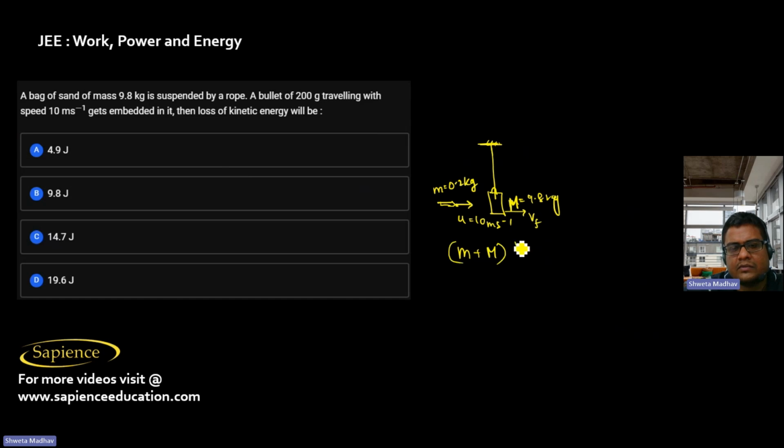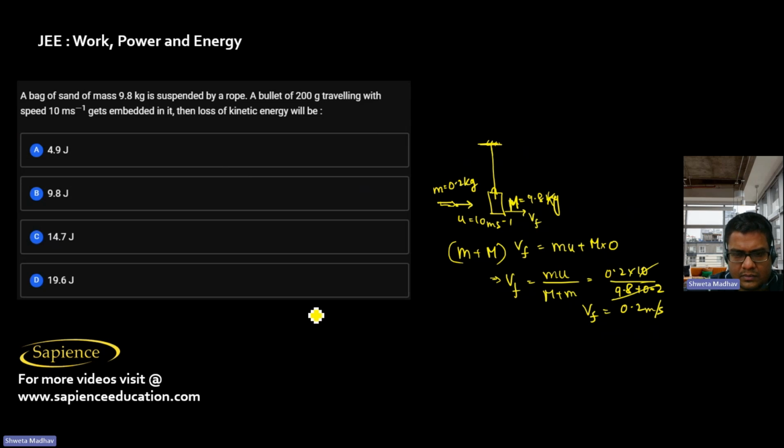So m plus m into v final is equal to mu plus m into 0, since the sandbag was initially at rest. So therefore v final is equal to mu by m plus m. So that will be 0.2 into 10 by 9.8 plus 0.2. So 10 and 10 will cancel. V final is 0.2 meter per second.